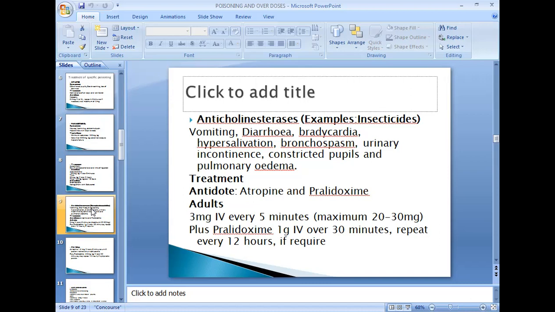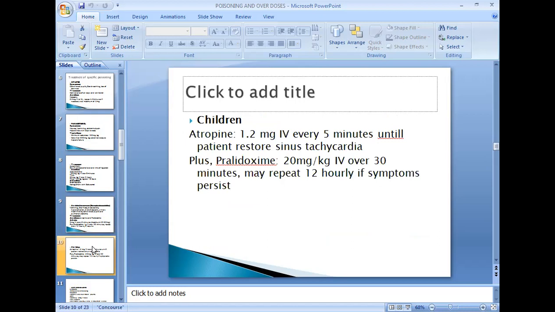For adults, 3 mg IV every 5 minutes to a maximum of 20 to 30 mg we can give, plus pralidoxime 1 gram over 30 minutes, and it can be repeated for about 12 hours if necessary. In children, we can give atropine 1.2 mg IV over 5 minutes until the patient restores sinus tachycardia, as the condition is bradycardia.